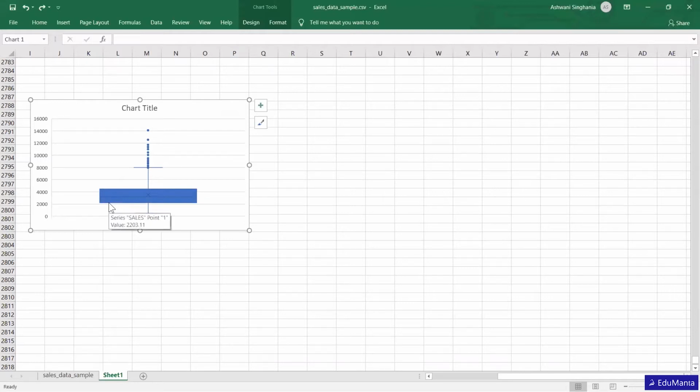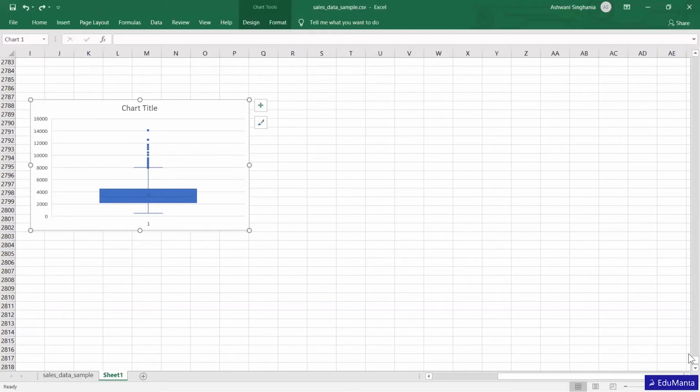The lower side will be the quartile 1, which has a value of 2203. And the Q3 value will be 4508, and the minimum value is 482.